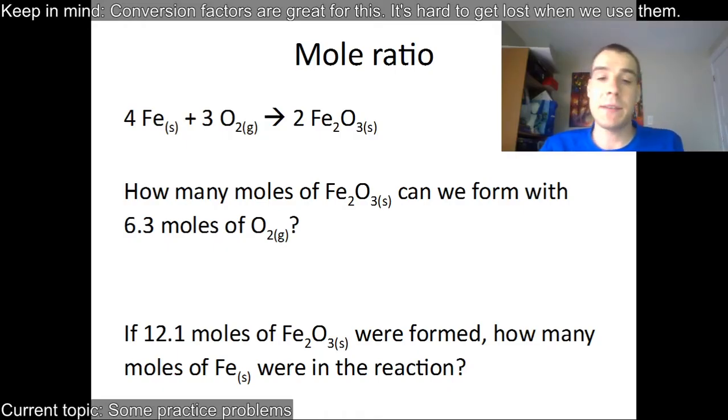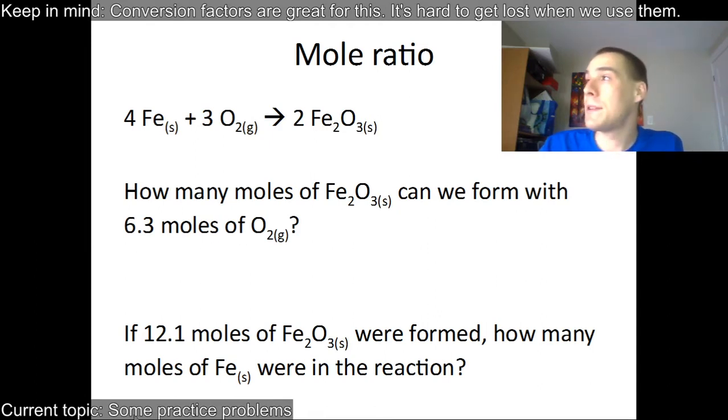So here's a practice problem, and I'm going to talk about conversion factors and how they can help us think through a problem like this. We have this reaction, iron and oxygen combining to make iron oxide, and we are looking at this question: how many moles of Fe2O3, the product, can we form if we have 6.3 moles of O2?